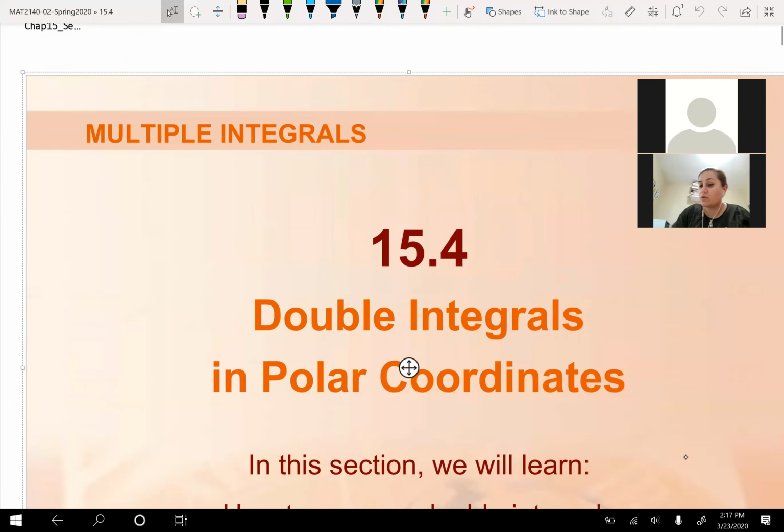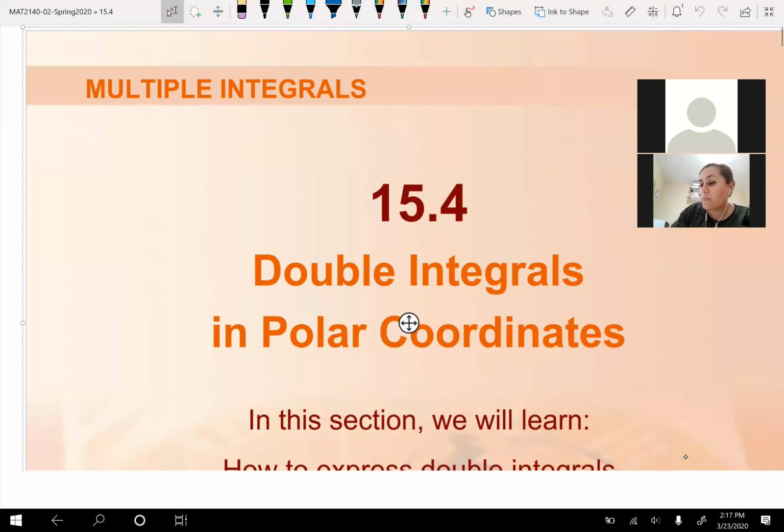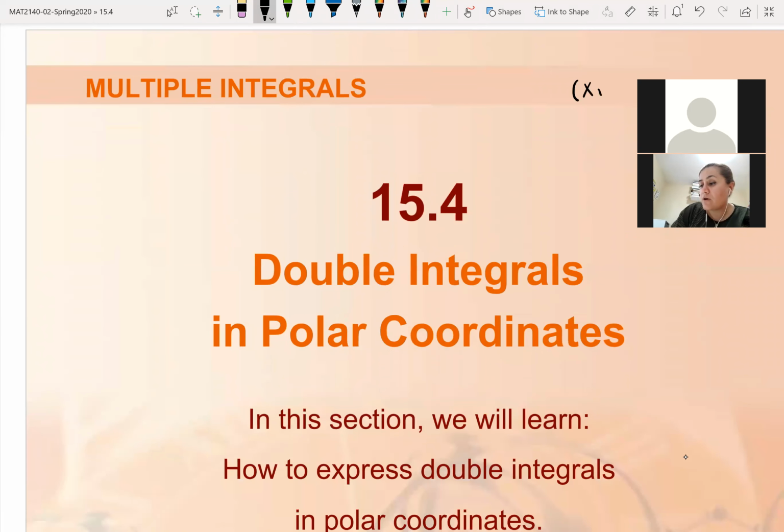Let me quickly remind you what the polar system is. If you have x, y, which we call the rectangular system, the points are like this. You just have one x and one y. But for the polar system, you have one, the distance from the origin, which we call the radius r, and one, the angle with the positive part of the x-axis, which we call theta.